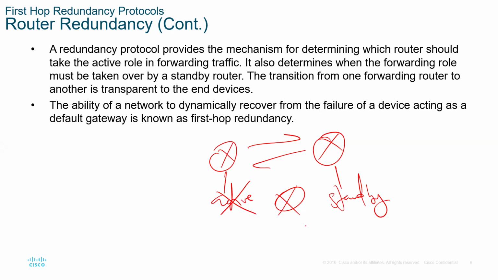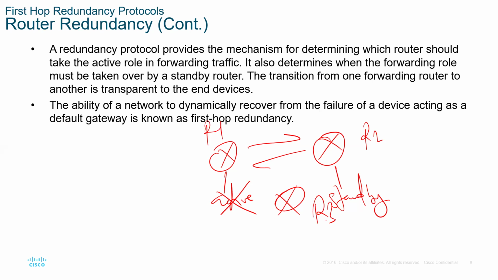However, if we have three, then there will need to be a choice between these two, R2 and R3. Which one takes over? Protocols are responsible for selecting which of the two routers gets to play the role of the active router. So basically, that is where the protocols come in.